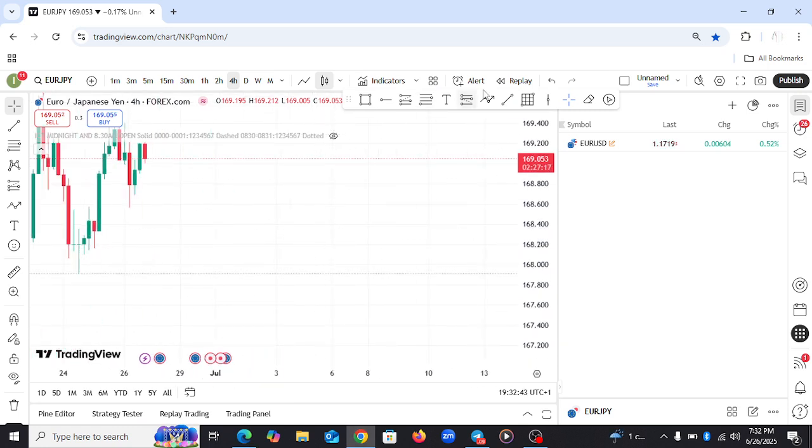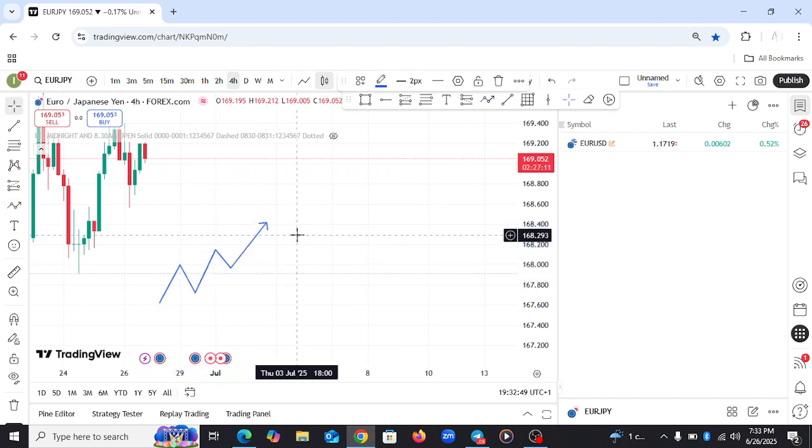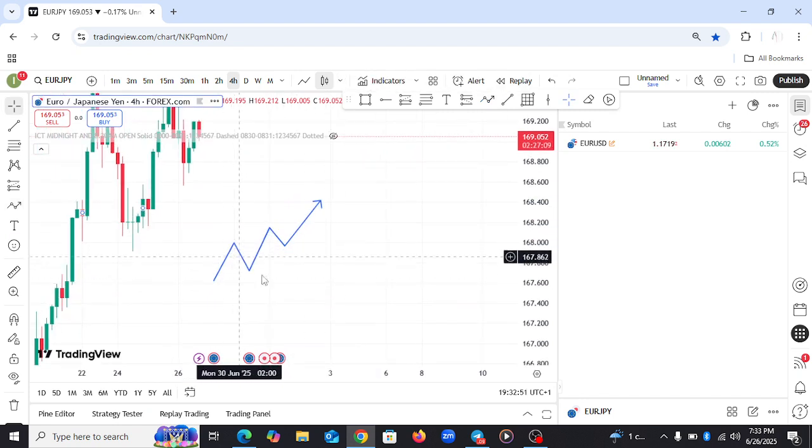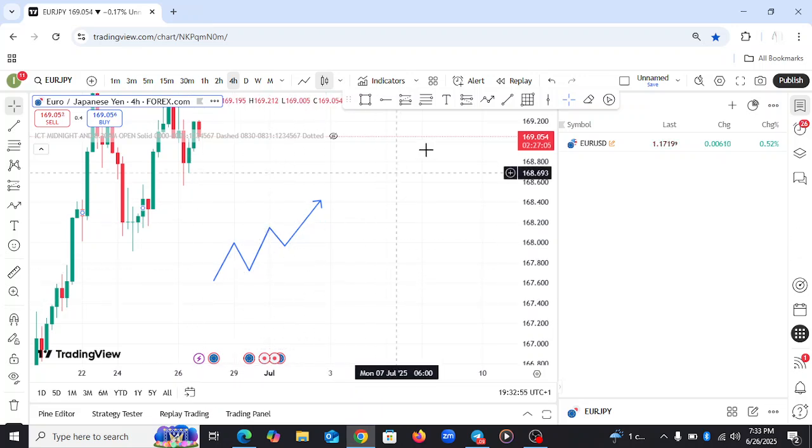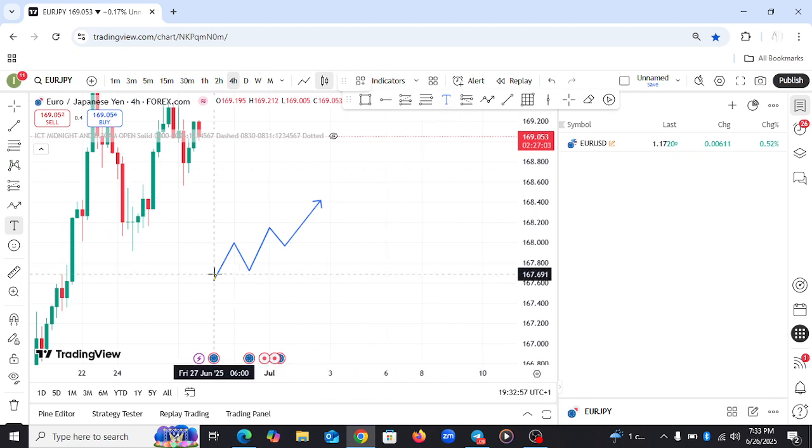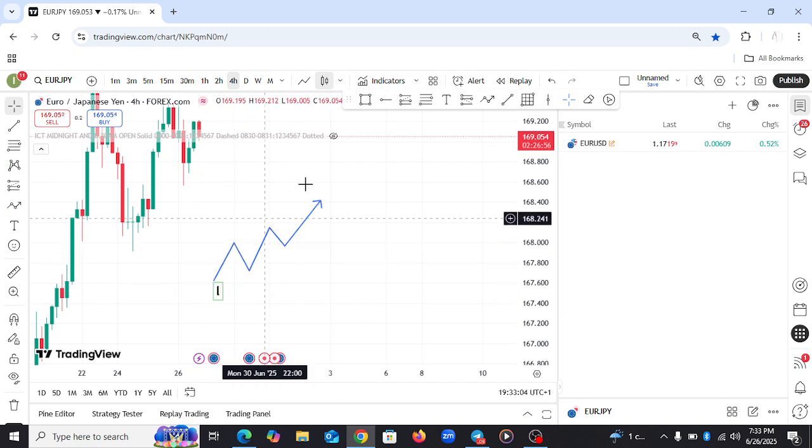We've understood that the market moves in a series of what? Impulsive, correctional, impulsive, correctional, impulsive. Now what I want you to take note of is that for every correctional and impulsive move, we seem to create something called a higher high. Now we are going to tag this. For example, this is a low, and after that low we have a high, right?